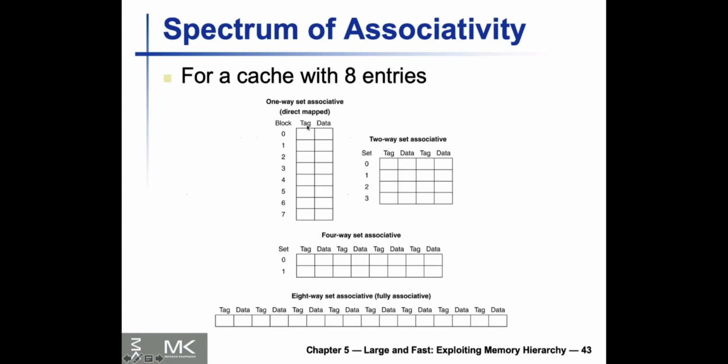If we start from a one-way set associative like this, which is a direct map, to a two-way set associative, so we have 2 pairs of tag and data, or 4-way set associative, 4 of these, or 8-way, since we have 8 blocks, so it's a fully associative, so it could be going anywhere, right?